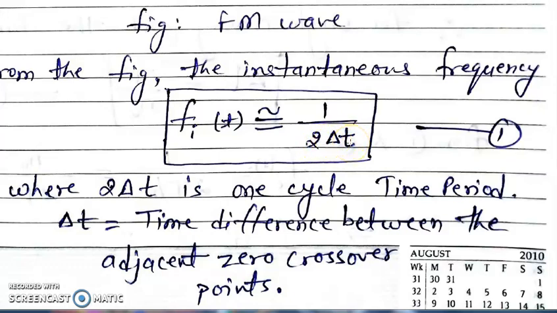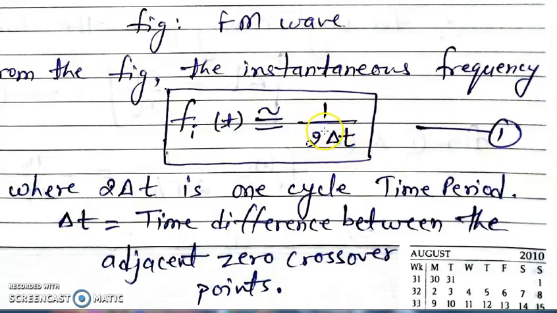For one time period of one cycle, the time period will be 2 multiplied by del t, because del t is the time duration between adjacent zero crossings, meaning it is the time duration of a half period, a half cycle. So one complete cycle uses 2 del t time.